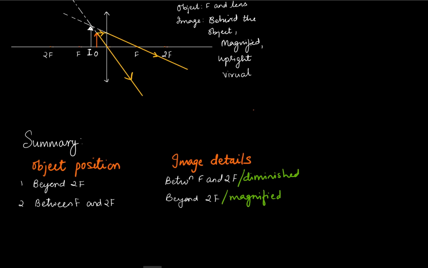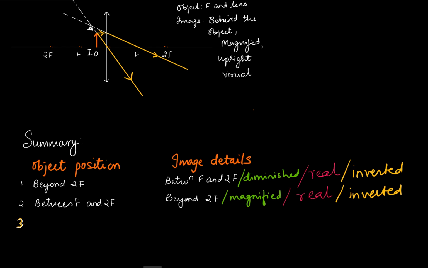Next is, both of them are going to be real, and both of them are going to be inverted. So this is how you can remember the first two things. If the object is beyond 2F, the image is between F and 2F. And if the object is between F and 2F, the image is going to be beyond 2F. So this is it. Third one is very easy.